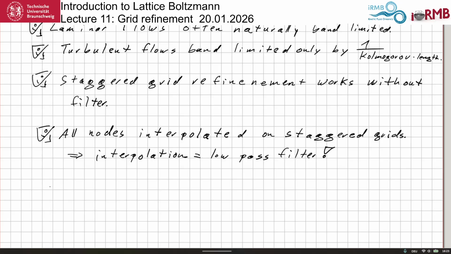I have always used staggered grids, because as somebody who was tortured with signal processing, it was completely natural for me that you cannot just downsample, I mean, this downsampling approach where you just use every second node and forget about the others.